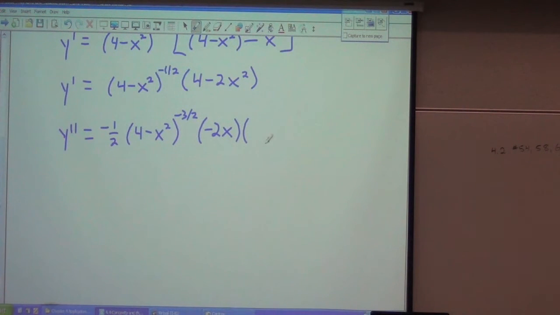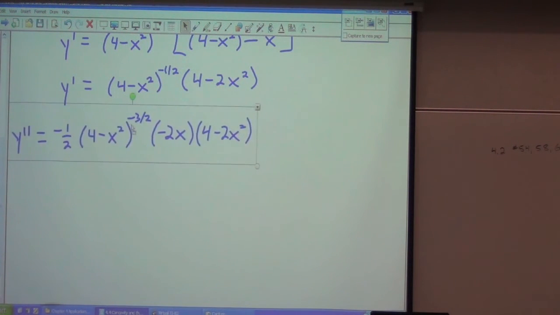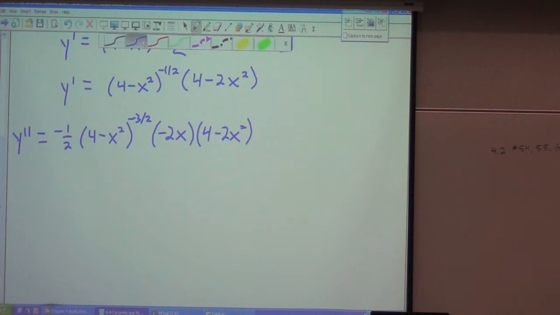Then multiply that by this, 4 minus 2x squared. Then we add to that the derivative of 4 minus 2x squared, which is -4x, times this 4 minus x squared to the negative half.